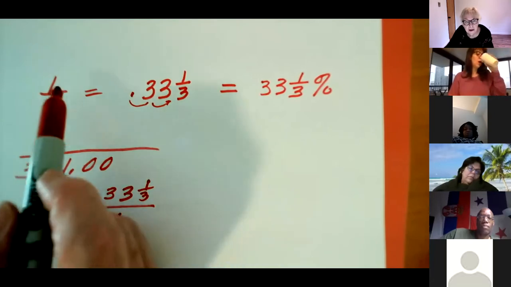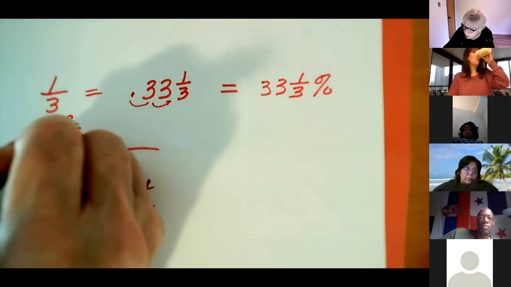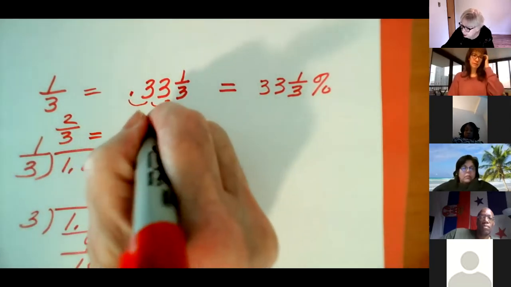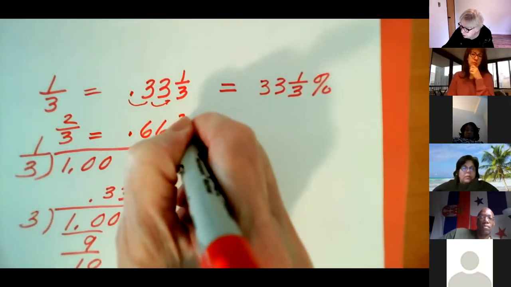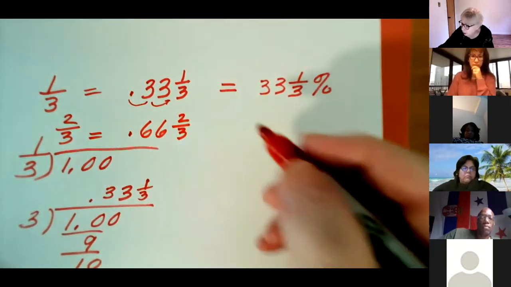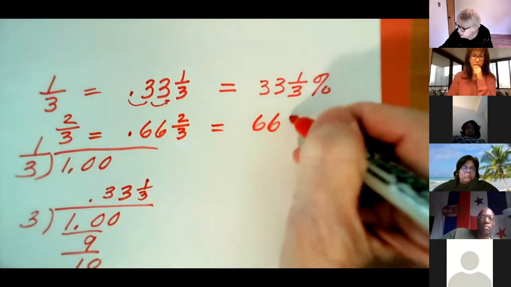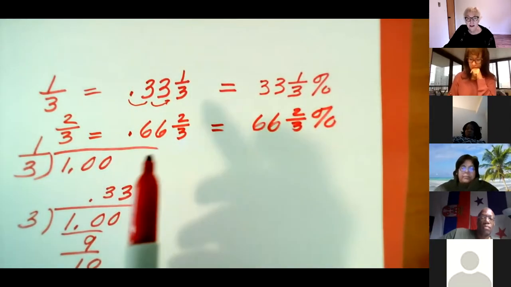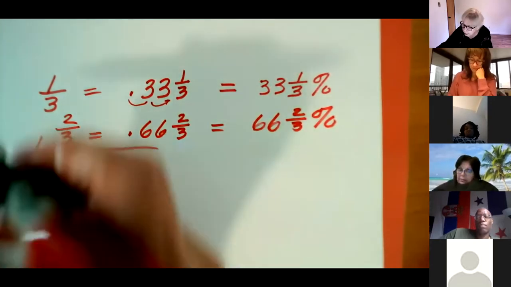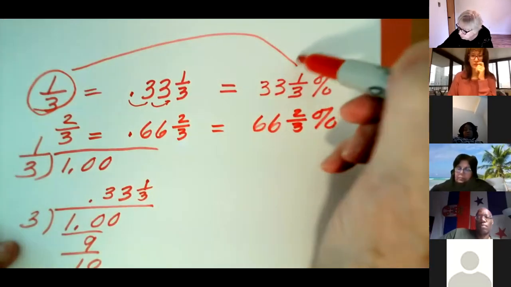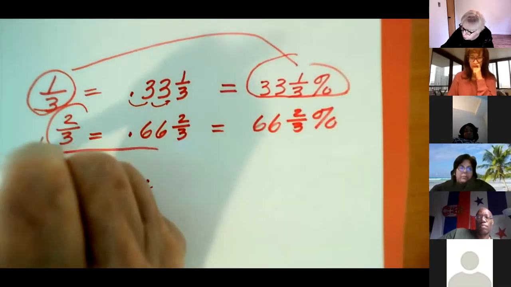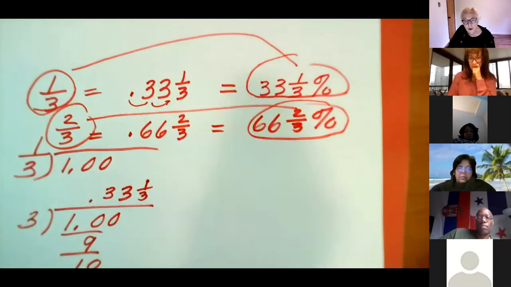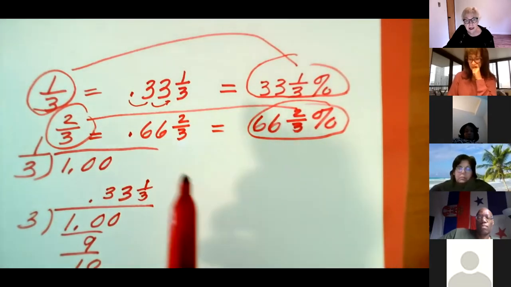And the other one that's very, very similar to this is 2/3. What it looks like is 0.66 2/3, which is 66 2/3%. These two are worth remembering, that a third becomes this and 2/3 becomes this, because all the work to get there, it's easier.